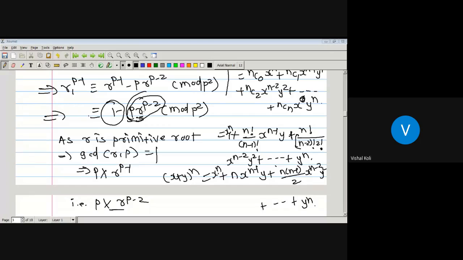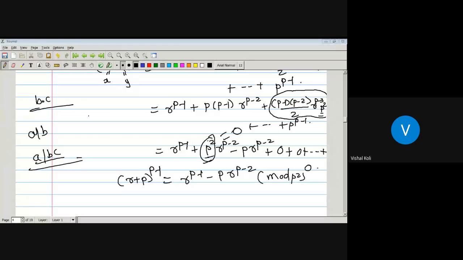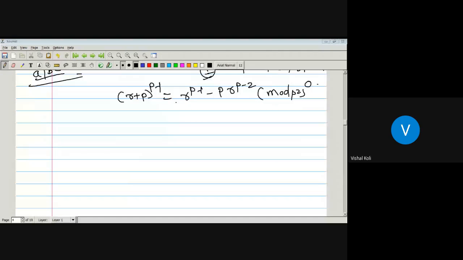That is r1 to the power p minus 1 is not congruent to 1 modulo p square, where r1 is nothing but r plus p. Actually, here we have to prove the existence of such a primitive root.